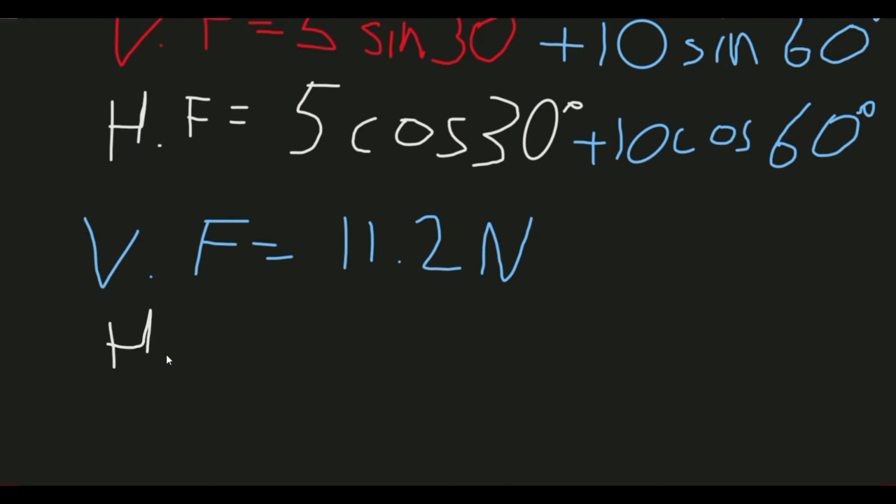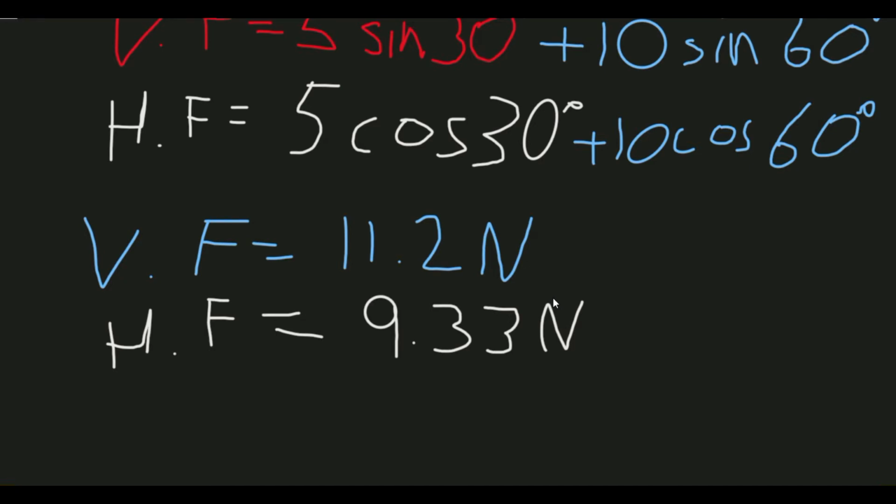If we add them up, that is 5 cos 30 degrees plus 10 cos 60 degrees. It is 9.33. So let's write 9.33 Newton. Alright, so we have the vertical force and the horizontal force.